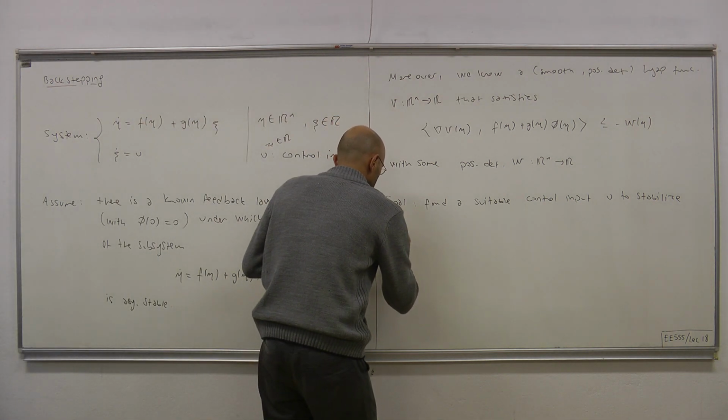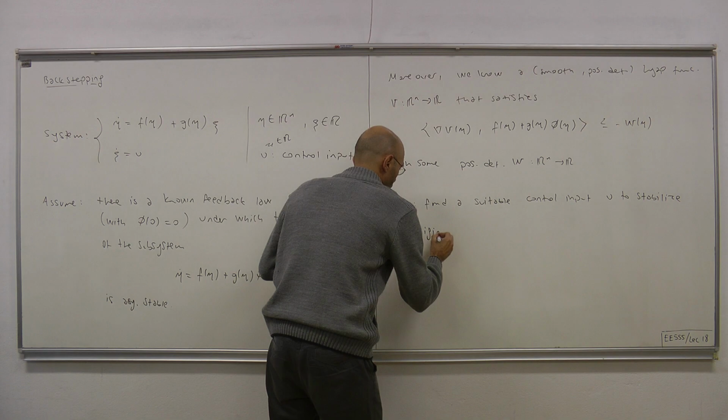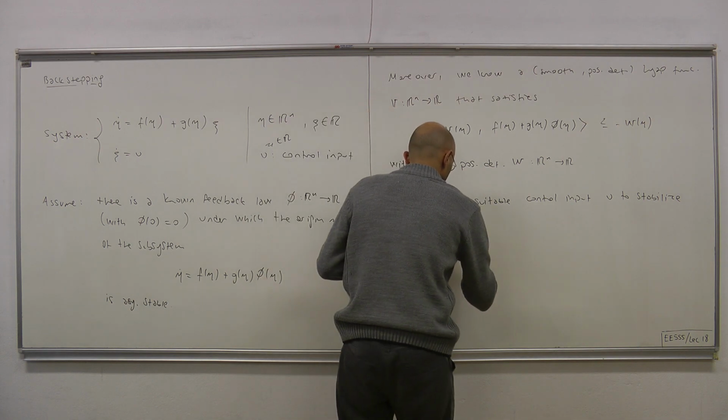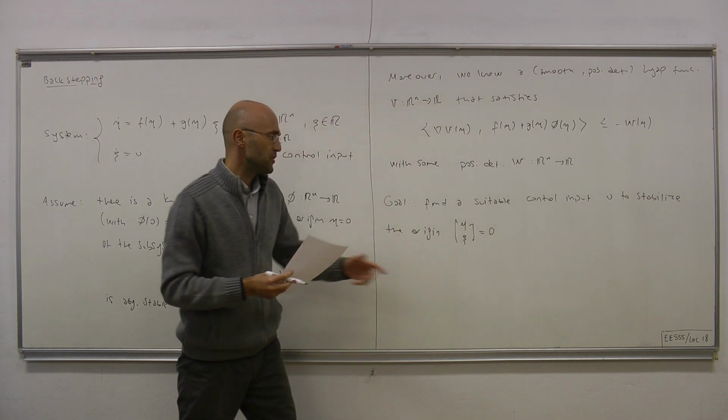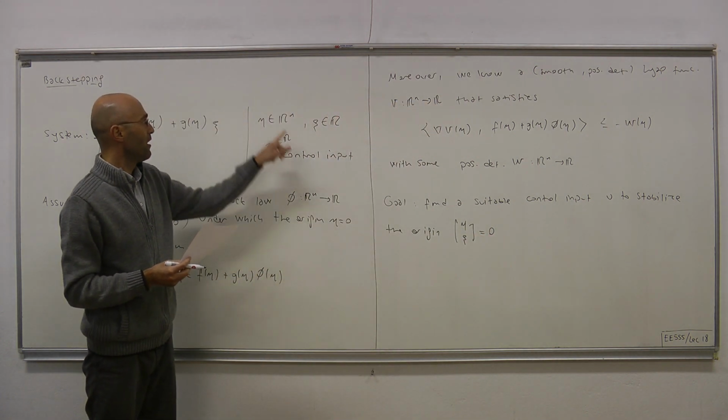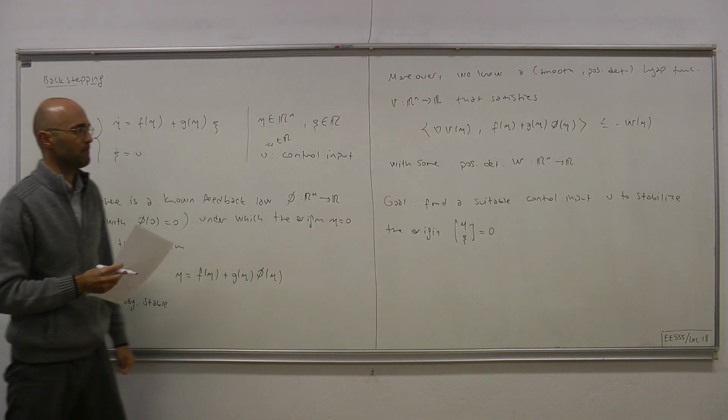Stabilize the origin of the original system, eta xi equals 0. So this 0 is a 0 vector in R^(n+1).